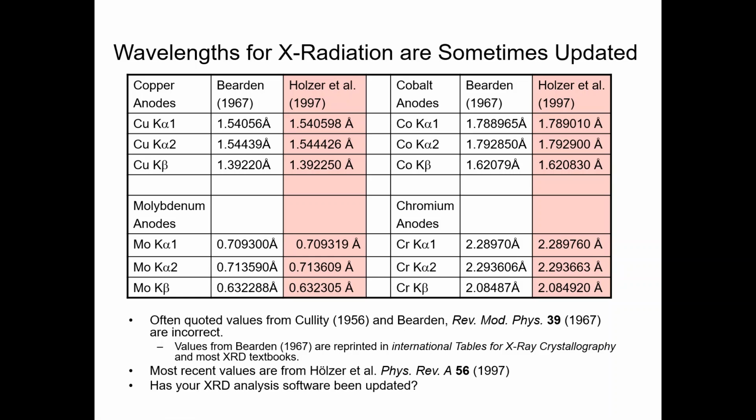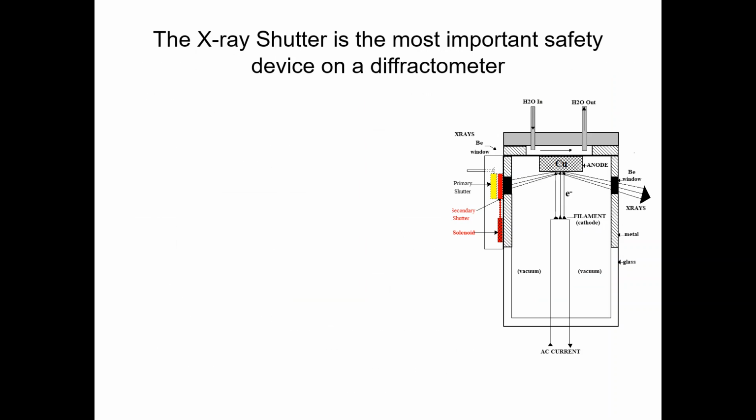All these values are mentioned for the particular setup, the particular diffractometer which you utilize. Bearden is quite old, from 1967, and Holzer is the more updated value. So normally people think that the Holzer one is more reliable because it is the more recent one.